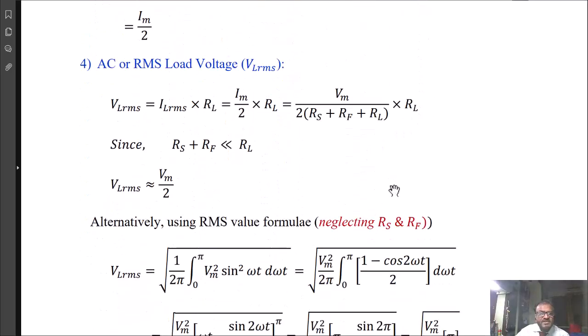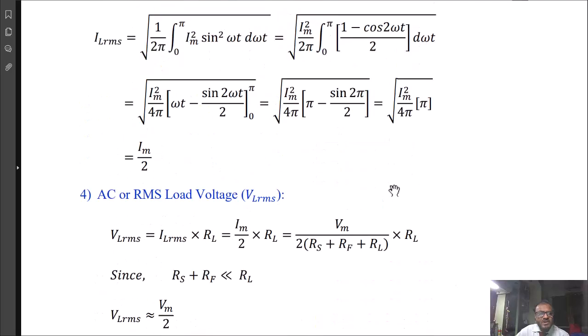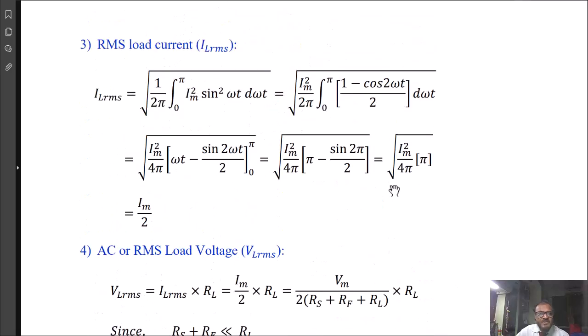Now, we will estimate the AC and RMS load voltages and load currents. The RMS value of the load current is denoted by ILRMS. The name itself indicates it is an RMS value, a root mean square value. Therefore, we will take the square of the signal first, that is Im square sine square omega t d omega t, and find the average value of it.